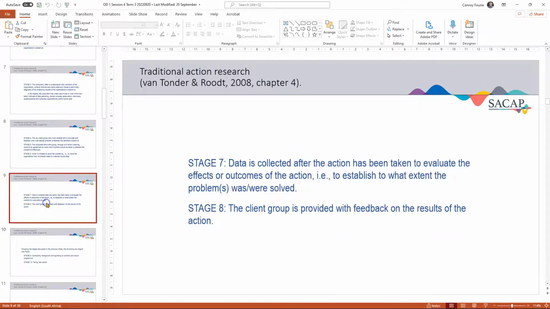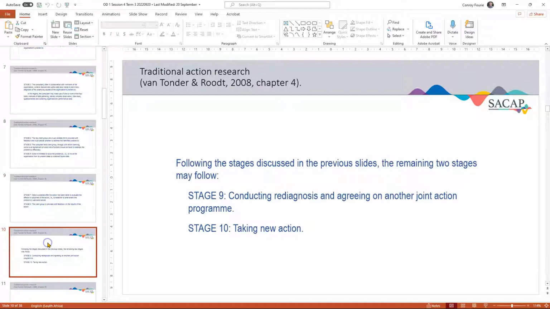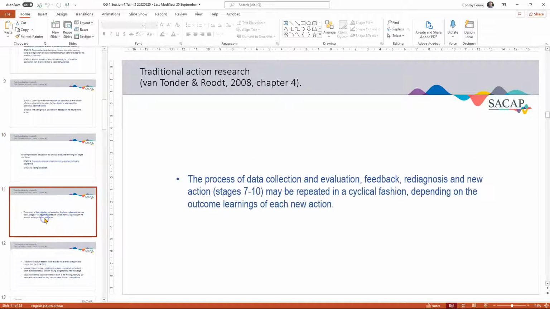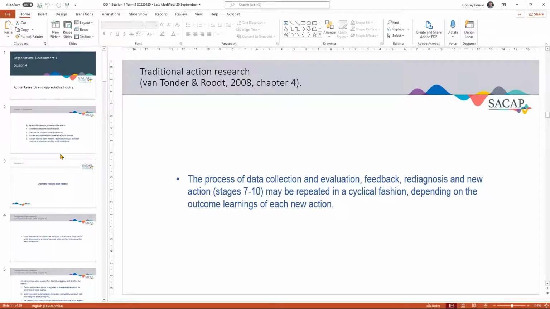Various stages, stage 7, 8, and then there are some closing stages, and you know, some information in and around the action research methodology in the slides and in the reading for session 4. So you should be very familiar with that to be able to answer the question.